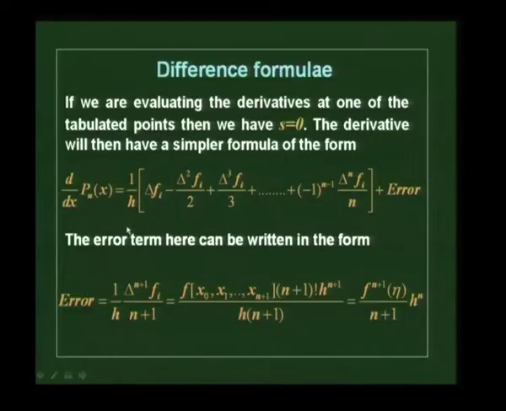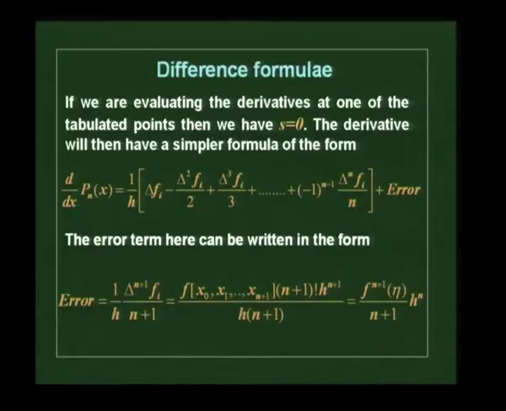Then I can write my derivative as 1 over h (delta fi minus del 2 fi by 2 plus del 3 fi by 3, etc.), up to minus 1 to the power n minus 1 del n fi by n. So we are alternating plus and minus signs.